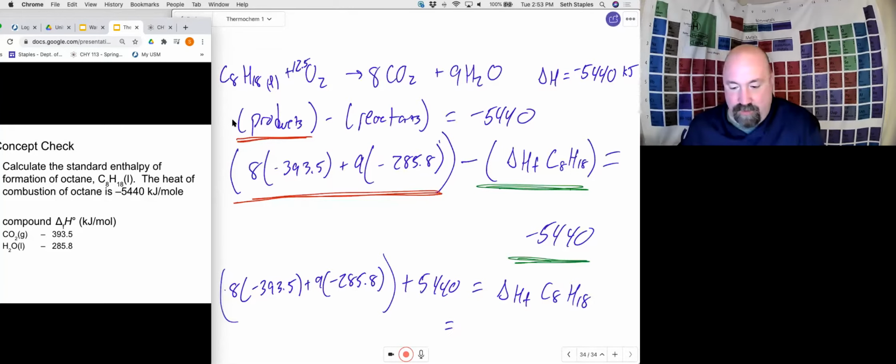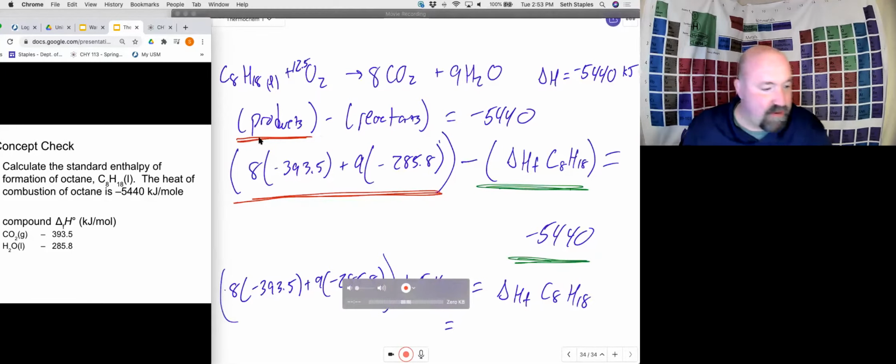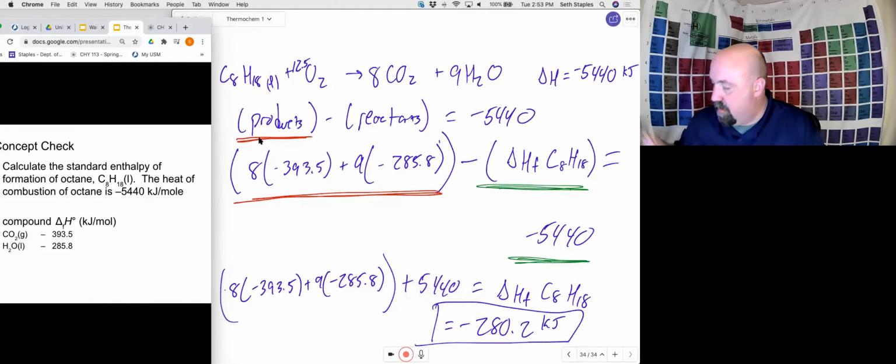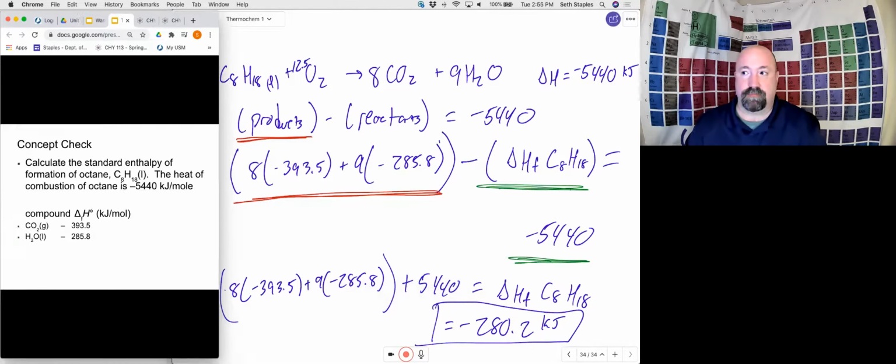We do that out and we get a magic number of negative 280.2. And that is the delta H of formation of C8H18.